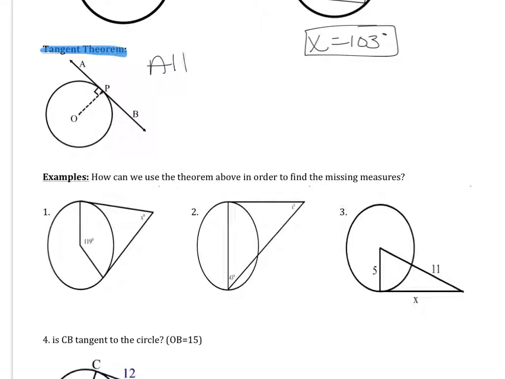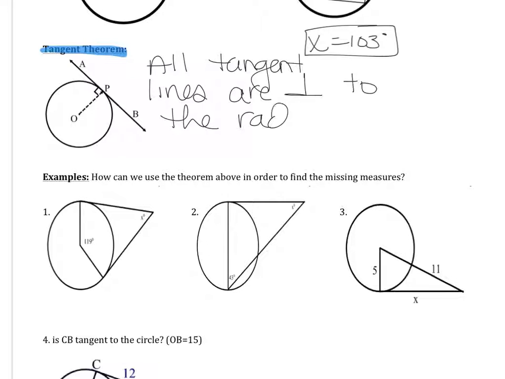All tangent lines are perpendicular to the radius and diameter. All tangent lines are perpendicular to the radius and the diameter of a circle.